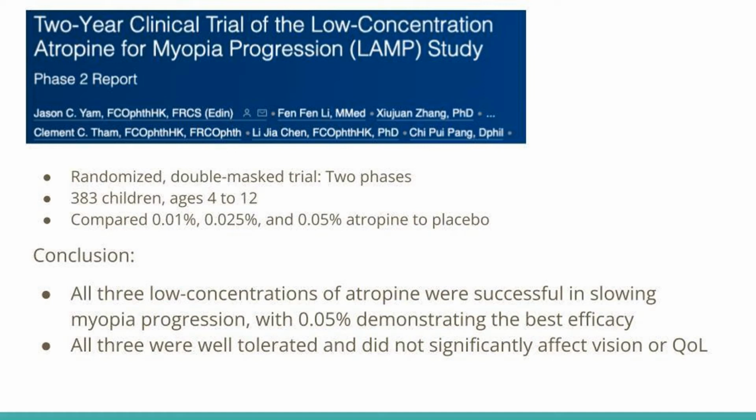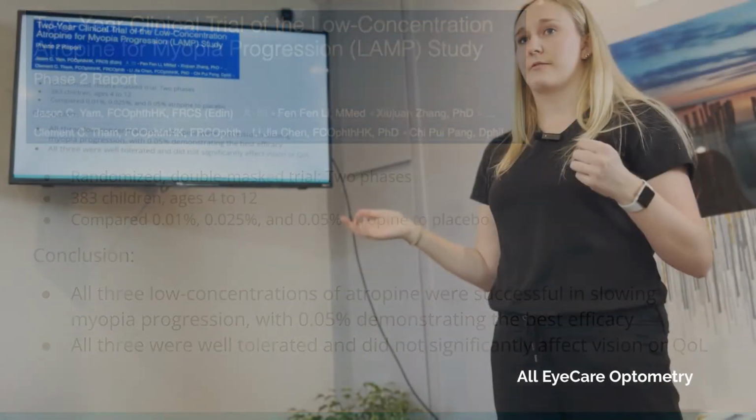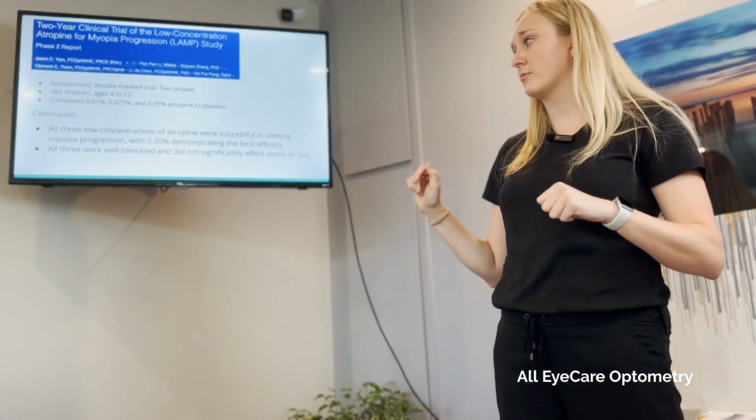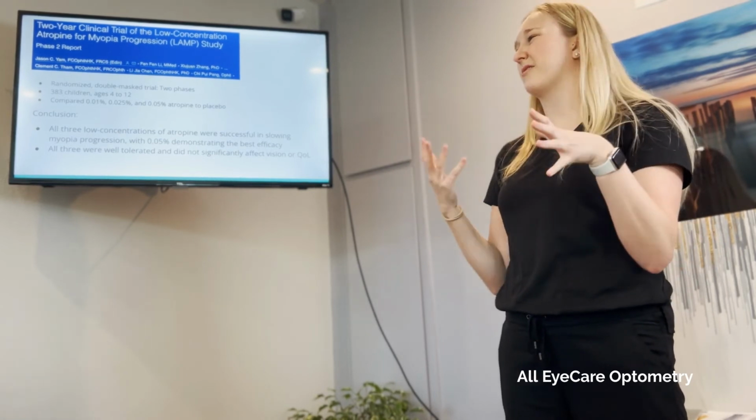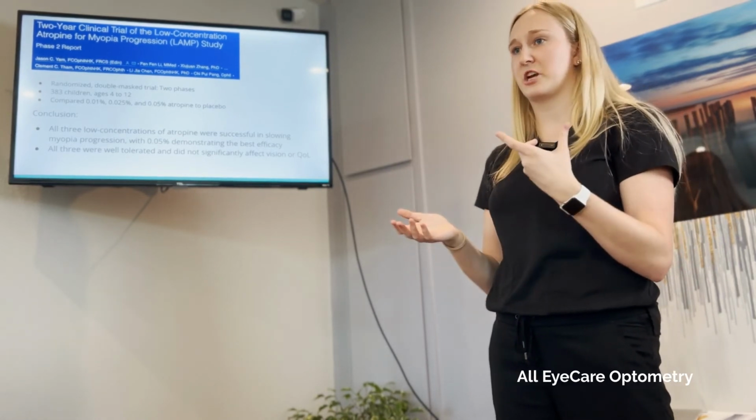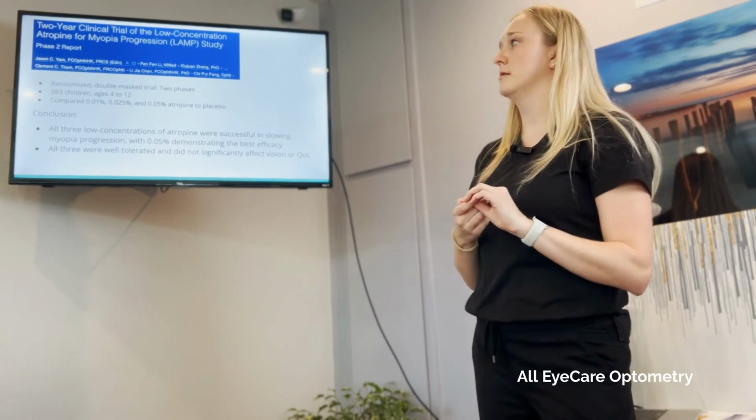What they concluded was that all of the concentrations did demonstrate slowing. 0.05 demonstrated the best efficacy, and then all of them were well tolerated, and patients didn't have huge visual effects or quality of life changes because of the drop, which is really good.